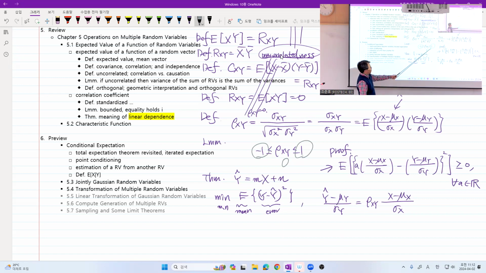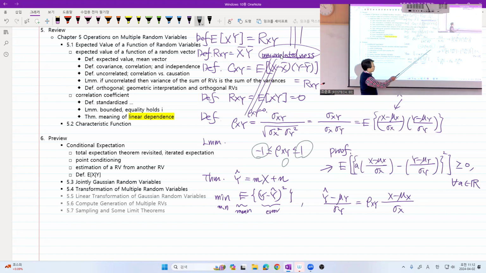What about the case where the correlation coefficient is positive? As you see, this is positive, and the correlation coefficient itself is positive, which means that your affine approximation has positive slope. If the correlation coefficient is negative, your affine approximation has negative slope.